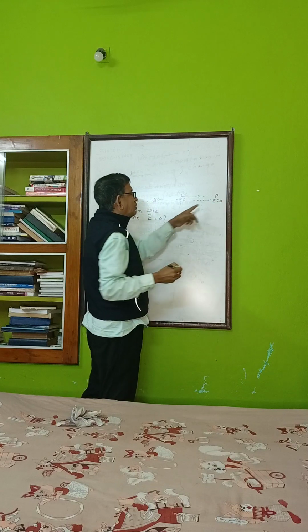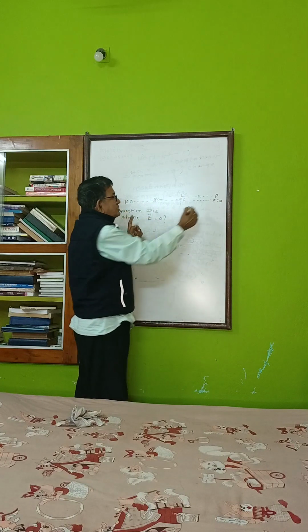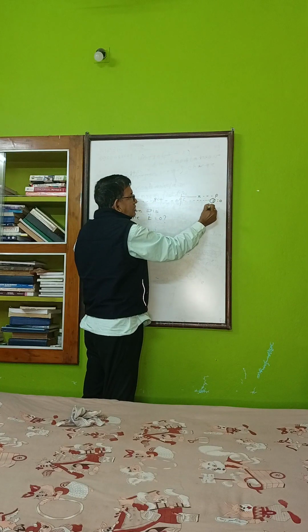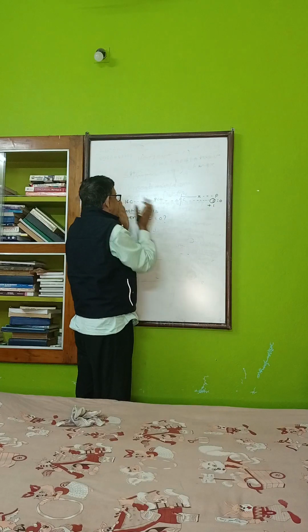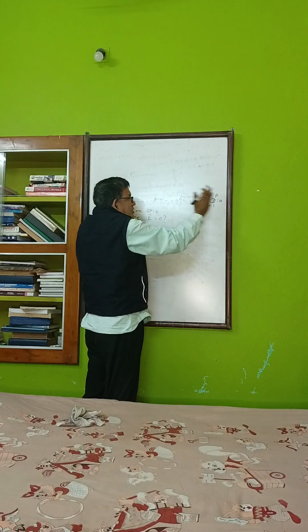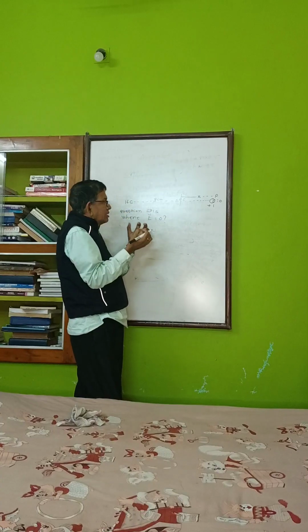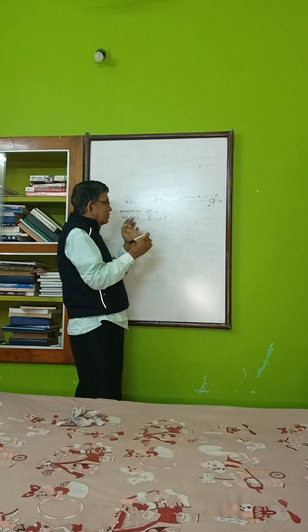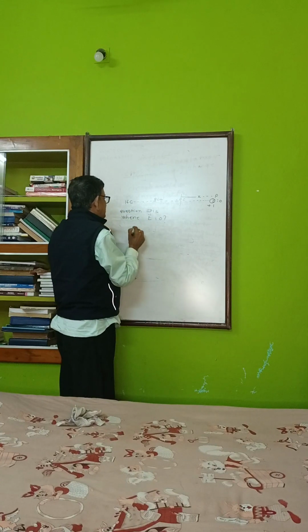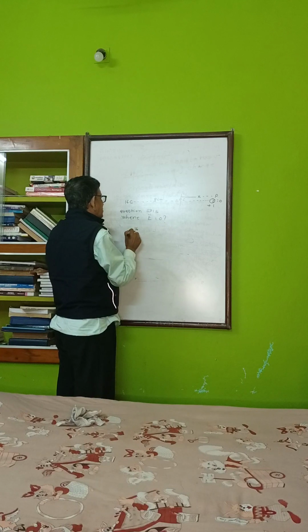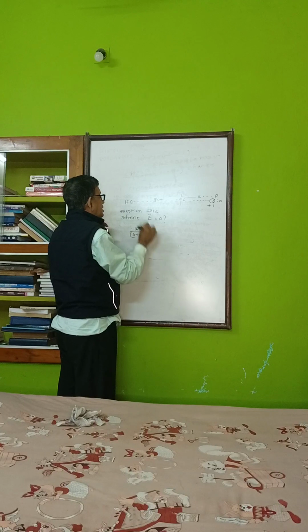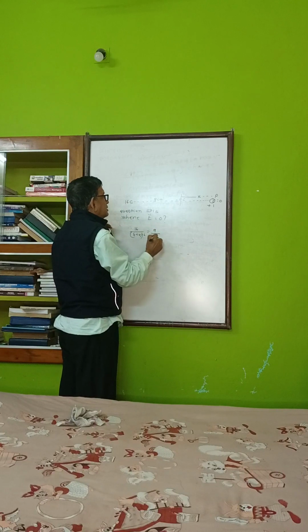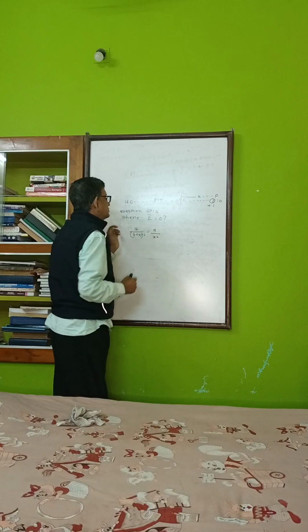That means if you put a unit positive charge, this positive charge will be repelled by 16 Coulomb and attracted by the minus 9 Coulomb. So we have 16 by (8 plus x) square equal to 9 by x square.